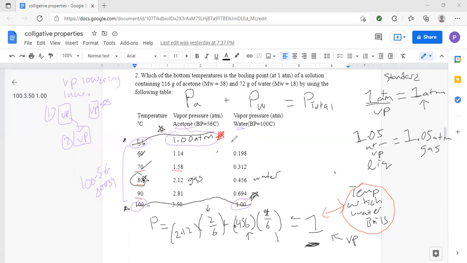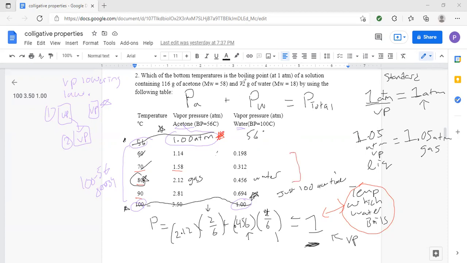So it can't be either of these because this is going to be two different temperatures, right? We know it's not going to be just 56 because that doesn't account for water at all. It's not going to be just 100 because that doesn't account for acetone at all. It has to be somewhere between, because when they mix, they give something in between.